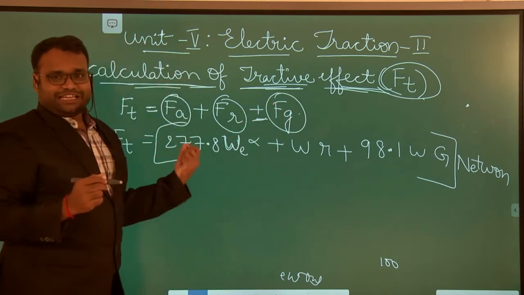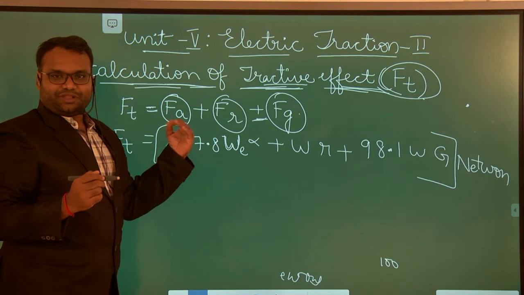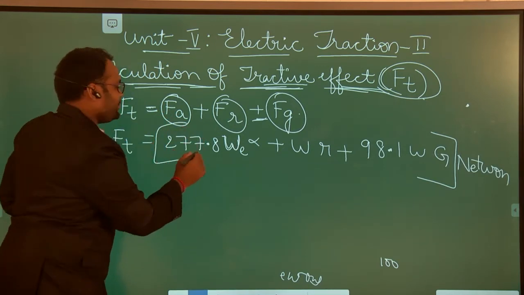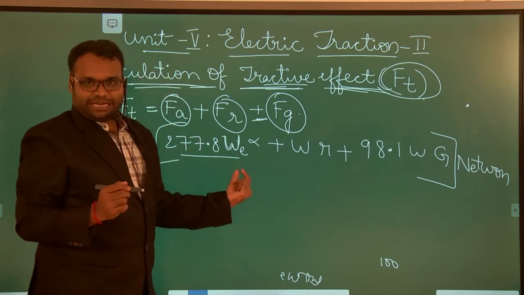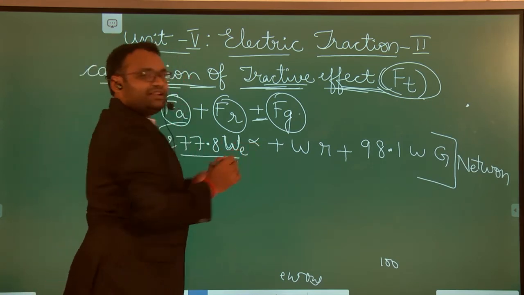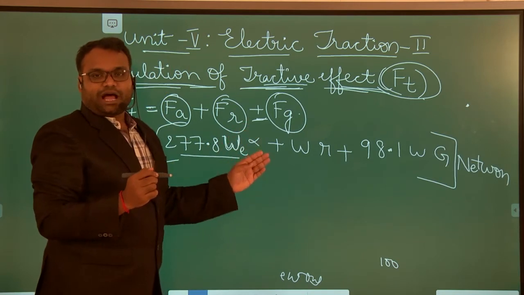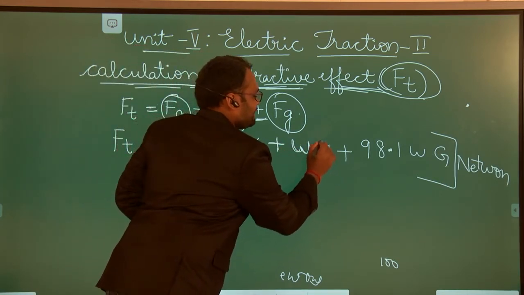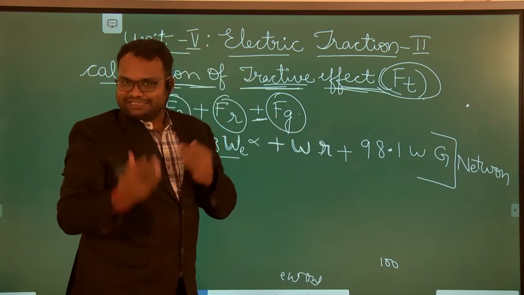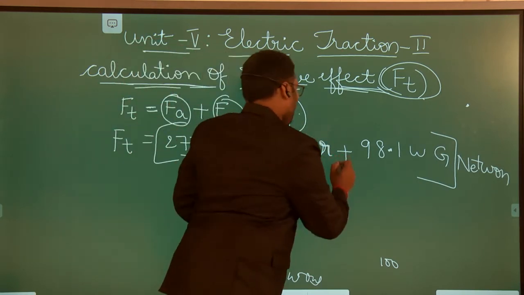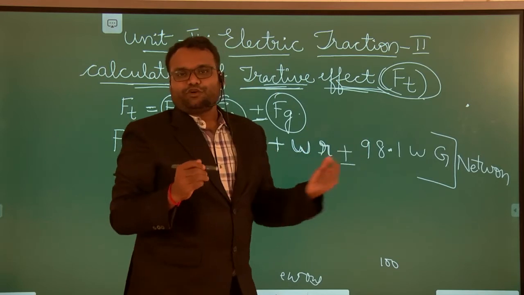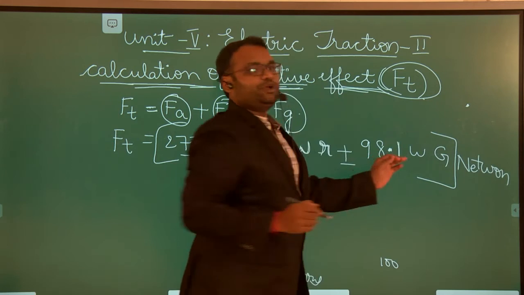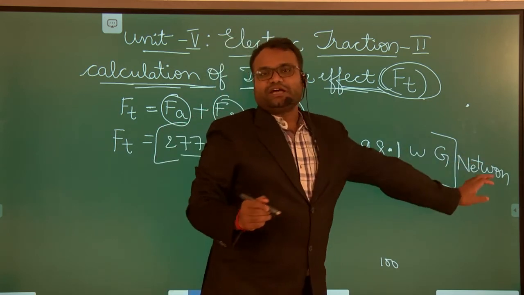So if you see what we derived just now, Fa is nothing but 277.8 into We into alpha, that is acceleration in kilometer per hour per second, plus W into R, that is the tractive effort to overcome the train resistance, plus or minus the tractive effort to overcome the gravitational force, that is 98.1 into W into G, and the total units are newtons.